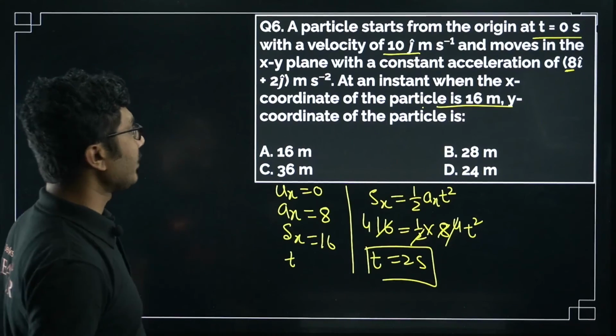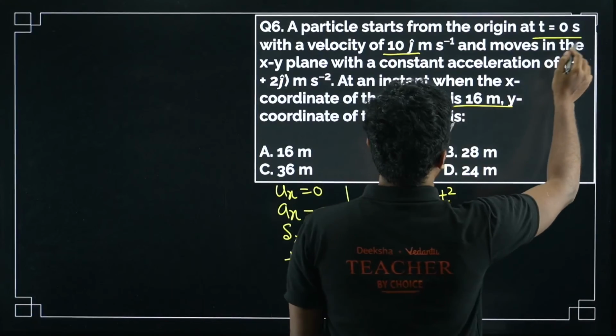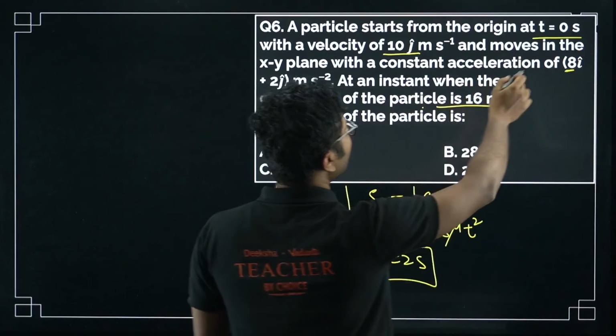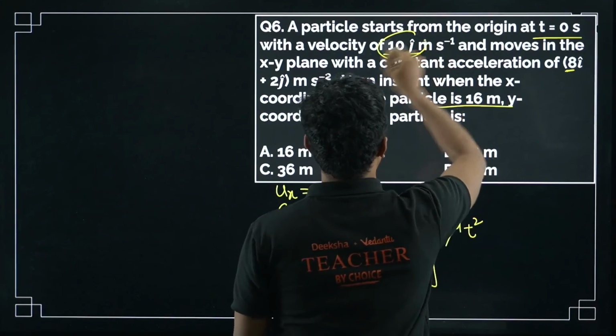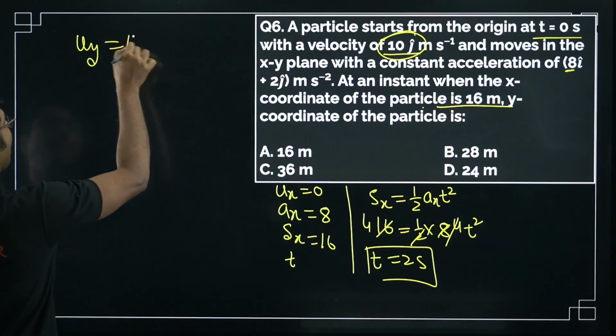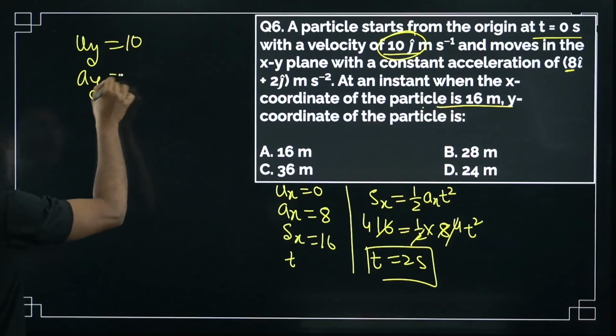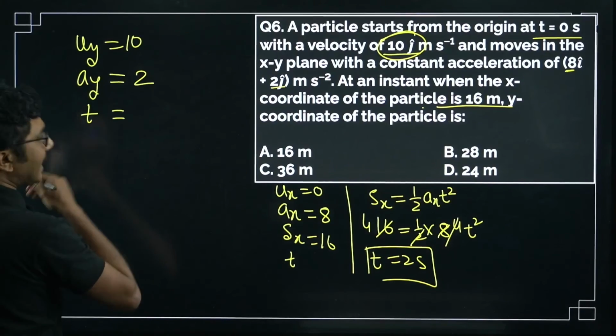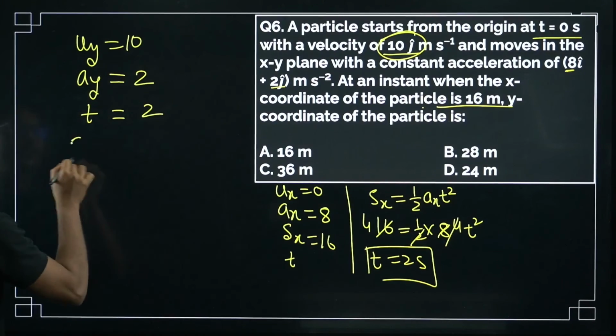Now the object is moving with a not constant speed: the initial speed along y is 10 and its acceleration along y is 2. The time we have calculated is 2 seconds. So what will be the displacement sy?